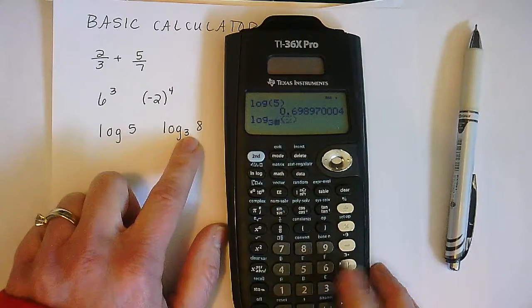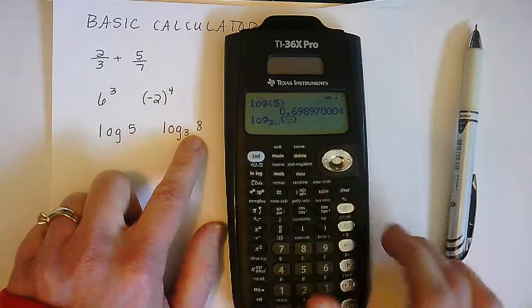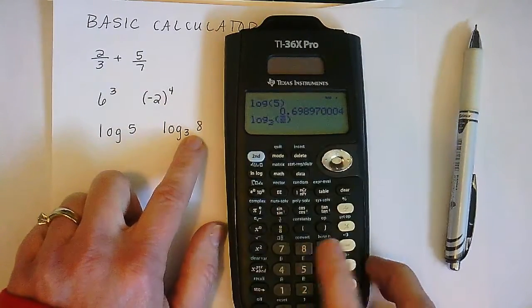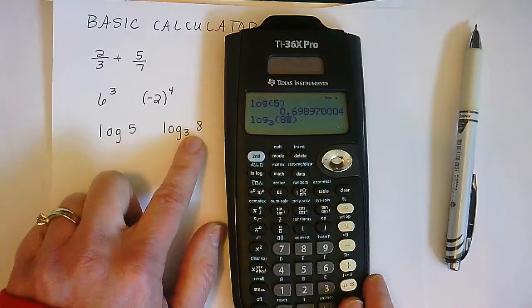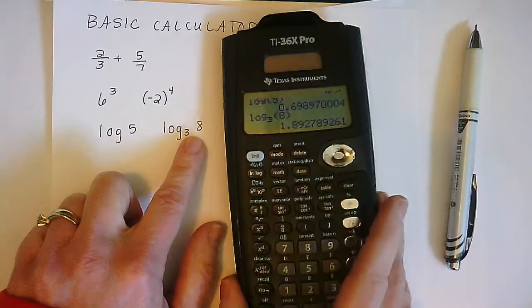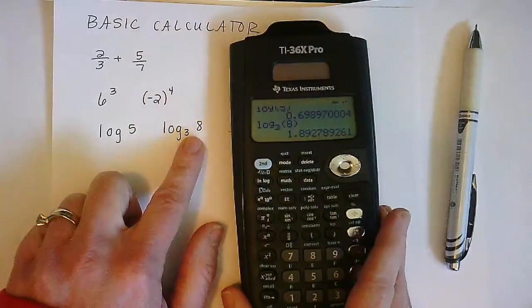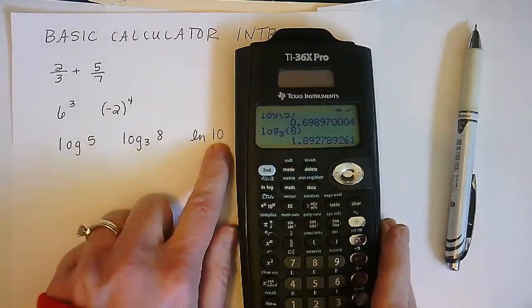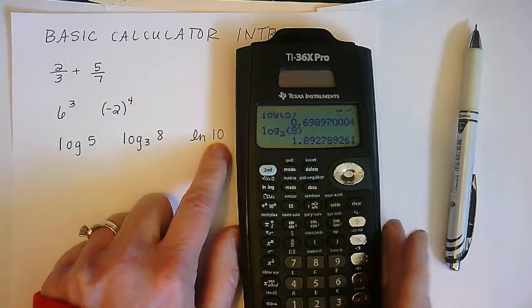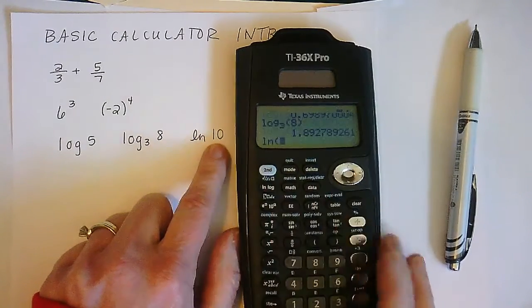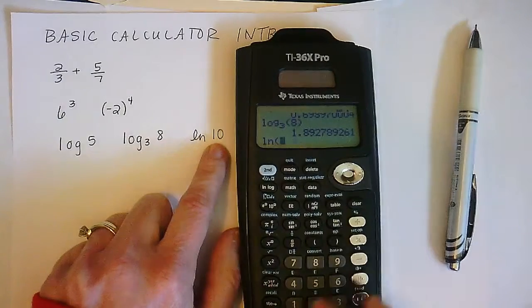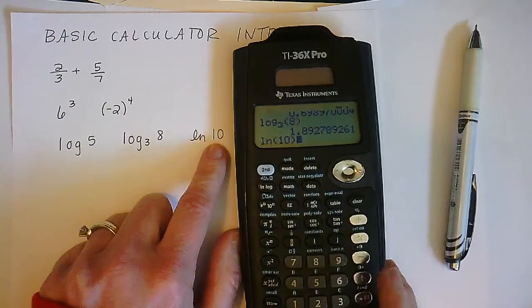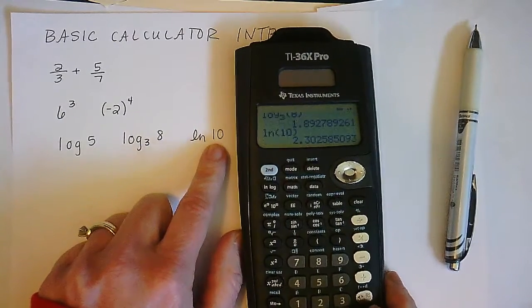Logarithm, and then I'll put the 3 down in the base there, and then you want to arrow over to the 8, and then hit enter, okay? And then I have one more here. Let me move my paper over a bit. This would be a natural log of 10, okay? So I want to hit that button 1 time. That brings up the natural log. Then put in the 10, and then you can hit enter.